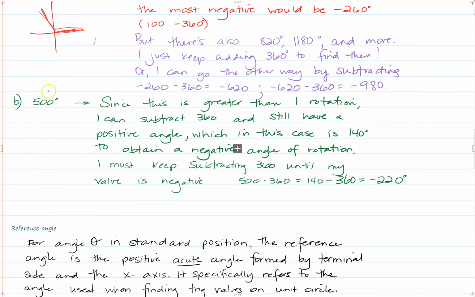If you have a 500-degree angle, I know you're saying 500 degrees is only 180. Yeah, it's actually going around a couple of times. Since this is greater than one rotation, you can subtract 360 and still have a positive angle. So it'd be 140. The only way to get to a negative angle is to start at 500, subtract 360, and see it's still positive at 140. Then subtract another 360 and keep going.